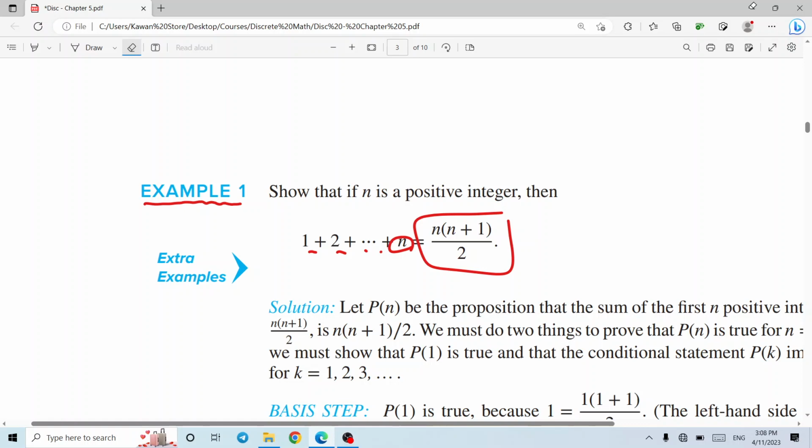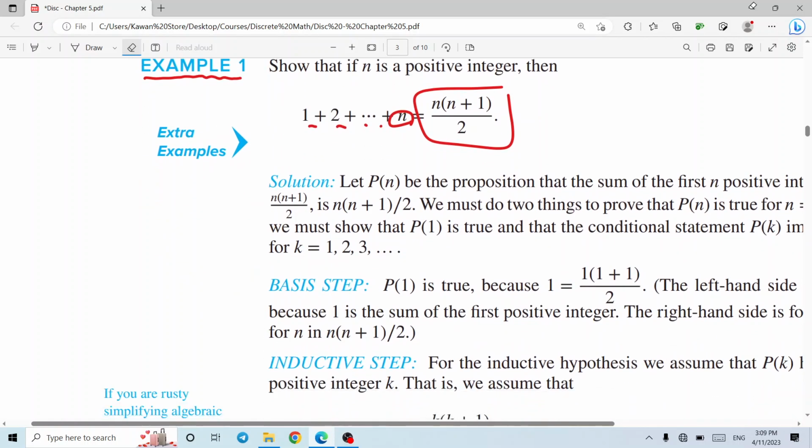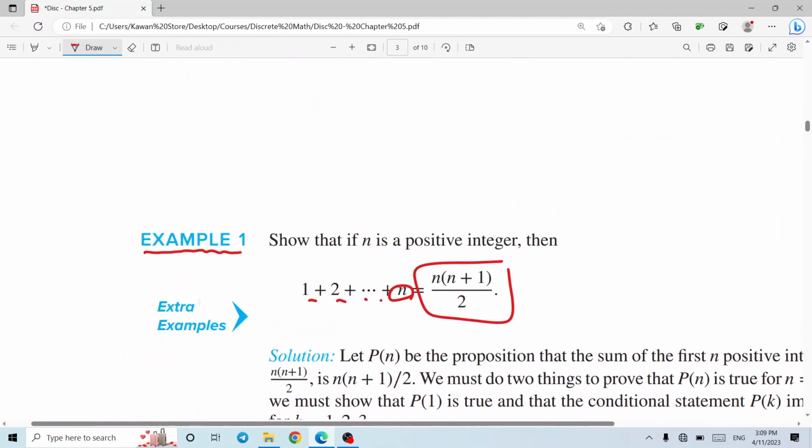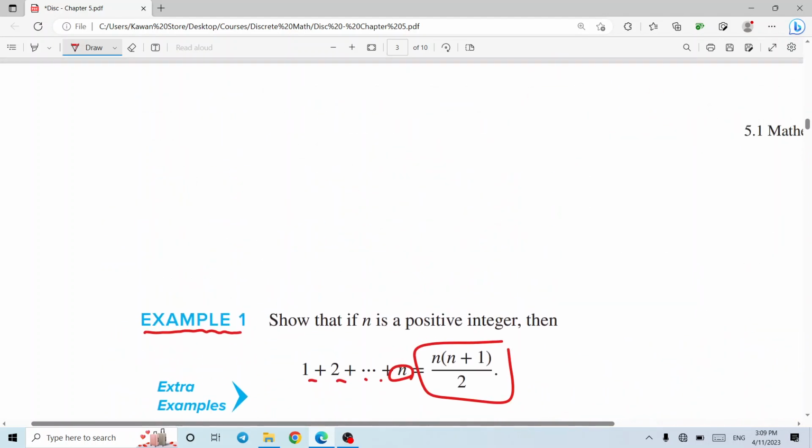Here is the solution. You have a basic step, an inductive step, and then a final step that we want to show. Let me do it for you. For example, let k be 1 for the first step.